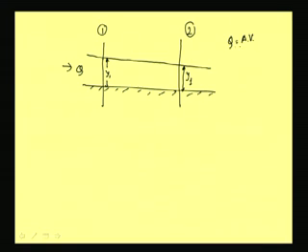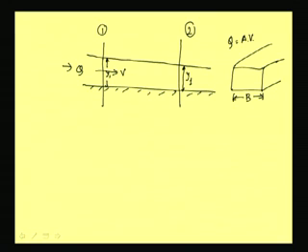If it is a prismatic channel, where the channel remains the same all along, with depth y, velocity v, and width b, then q is equal to area, b into y, so q is equal to b into y into v.